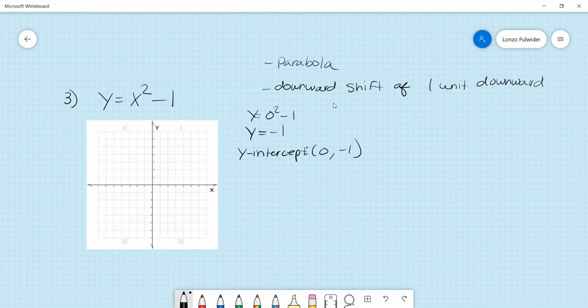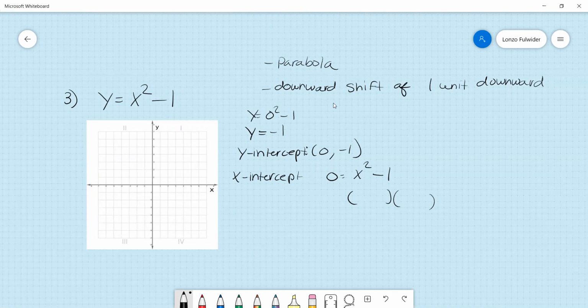Okay, what else do we know? Let's find our x-intercept. To find the x-intercept, plug in 0 for y, and then solve for x. So it's going to be 0 equals x squared minus 1. Before you add 1 and square root both sides, you could factor, because x squared minus 1 is a difference of squares.